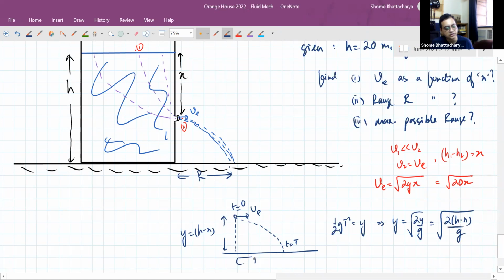So this horizontal range becomes the efflux speed into the time of flight.